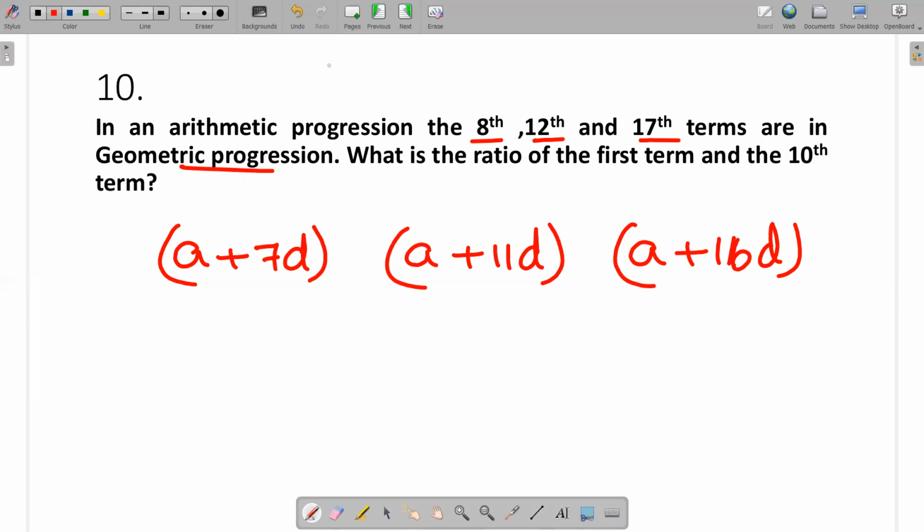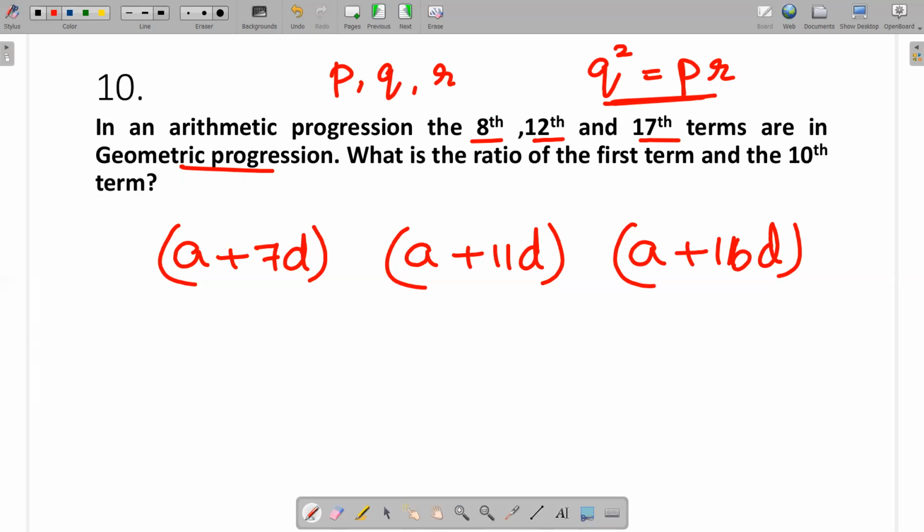Now, kindly note, if P, Q, and R are in geometric progression, the result is Q square equal to P into R. We will be using this result for solving our question.